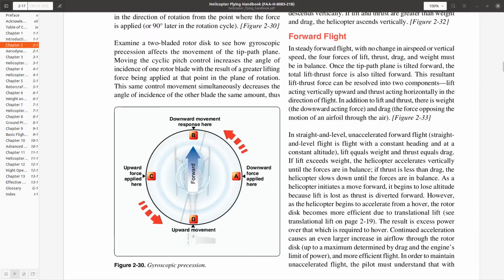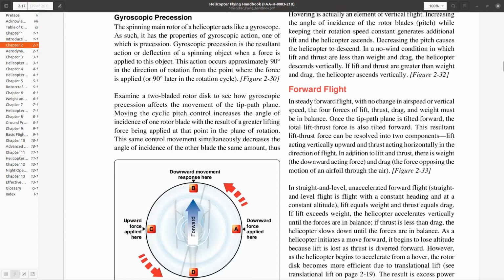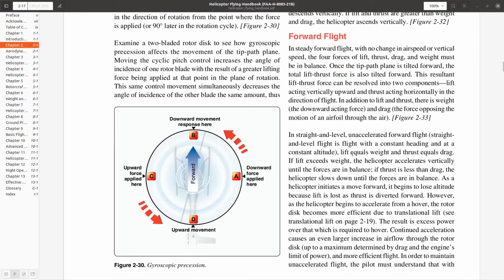Other things that can happen, we have what's called gyroscopic precession. Well, what is that? Whenever you have a rotating thing, which we call a gyroscope, if you apply a force in one place, you feel it 90 degrees later in the direction of rotation. So if I apply a force here to the right, it's actually felt in the front.